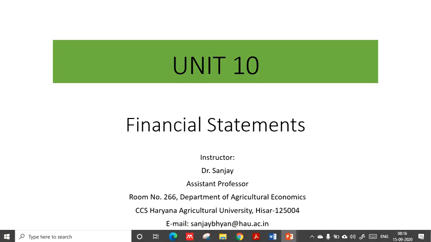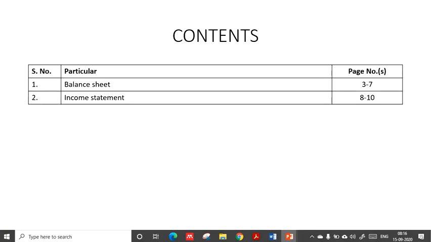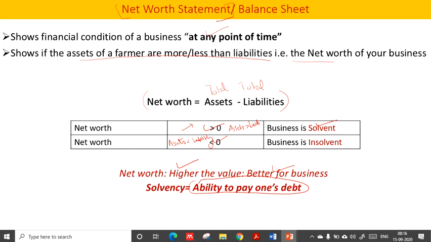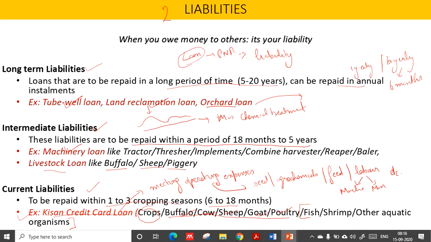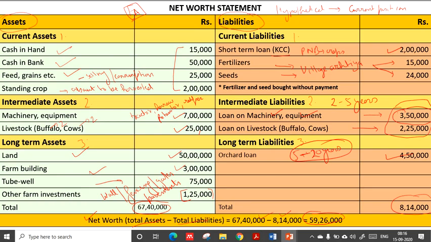Let's go through it once again. Financial statements are of two types: balance sheet and income statement. Balance sheet is also called a net worth statement. Two parts: assets, current, intermediate, long term, based on the ease with which you can convert them into cash, or liquidity. Then comes liabilities, current, intermediate, long term. Assets on the left, liabilities on the right.